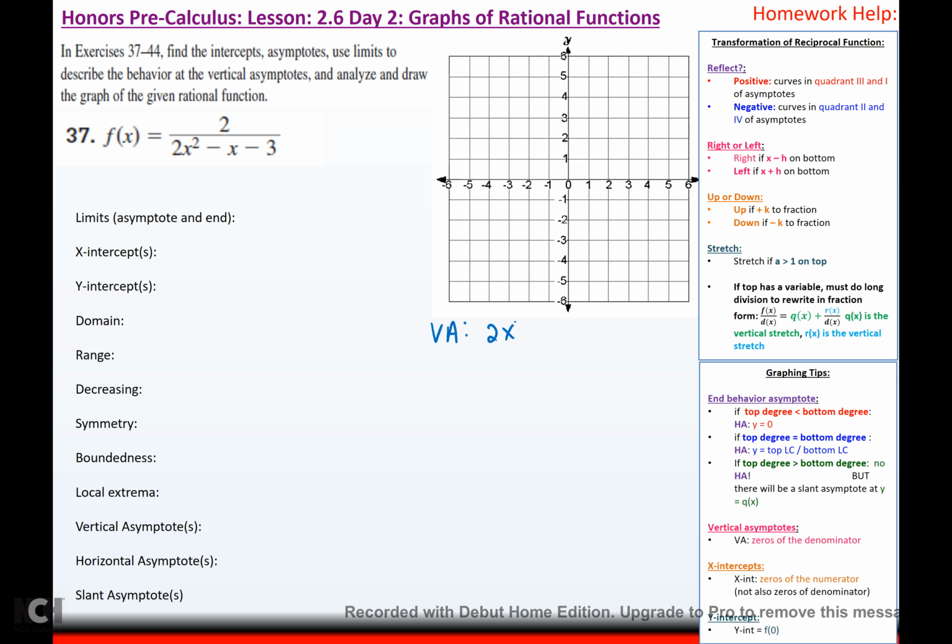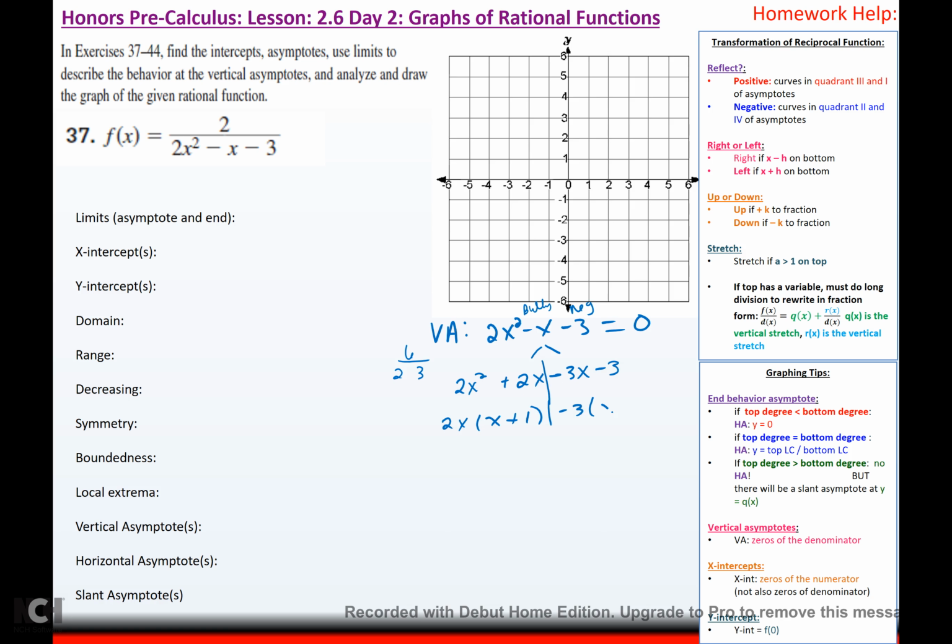So I say denominator equals 0. If I solve this, I'm going to factor 2 times 3 is 6. Factors of 6 that make 1 are 2 and 3. So I'm going to rewrite that as 2x and 3x. C is negative, so only the bigger one gets the middle. So the 3 is negative, 2 is positive. Everything else comes down. GCF by 2x would leave x plus 1.